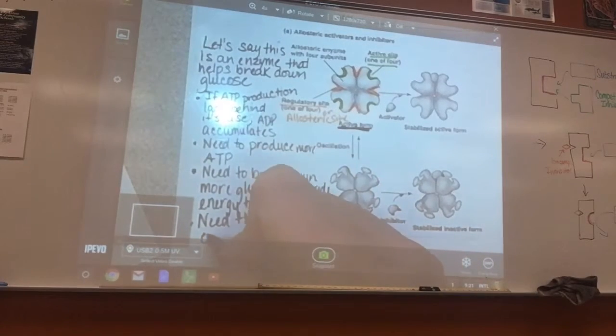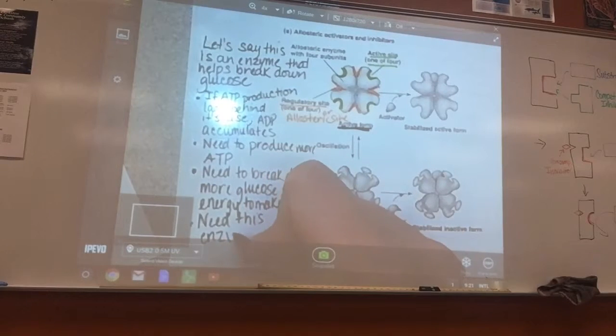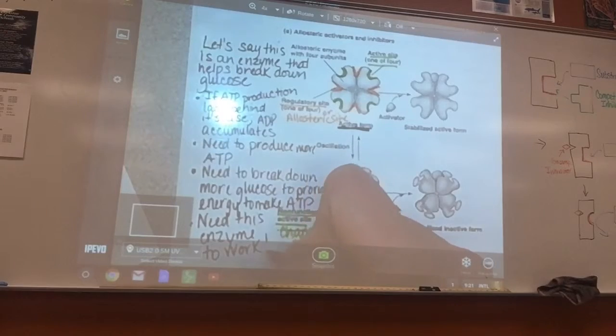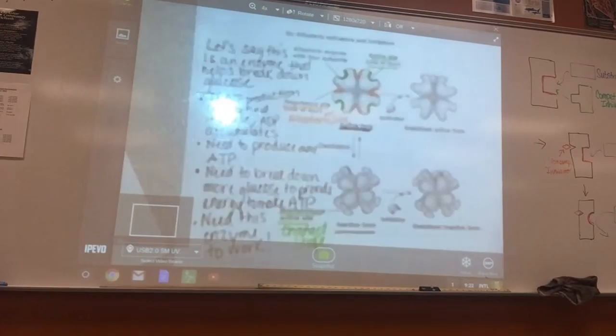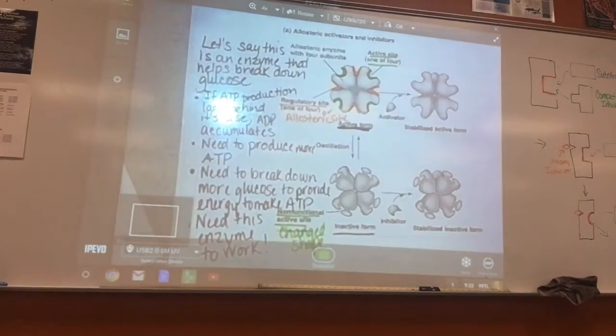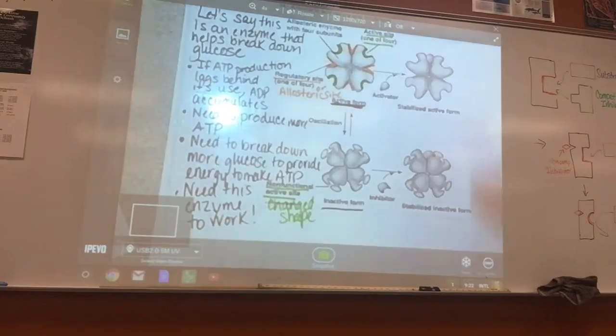We need it to be in the active form. So in this similar situation, we just said that when you're using up ATP at a fast rate, you get an accumulation of ADP.